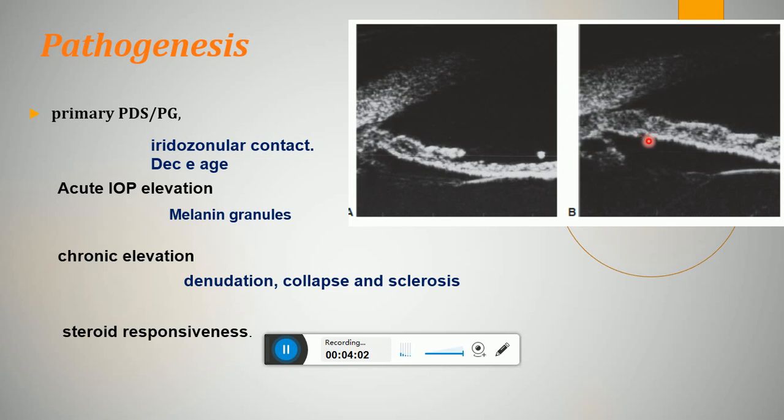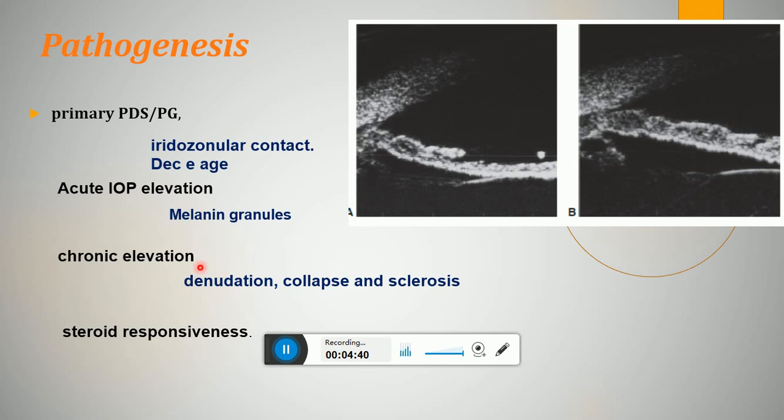In this picture you can see flattening of the peripheral iris following laser iridotomy. The pigment epithelium itself may be abnormally susceptible to shedding in affected individuals. Pigment shedding decreases from middle age onwards due to physiological changes resulting in decreased iridozonular contact.